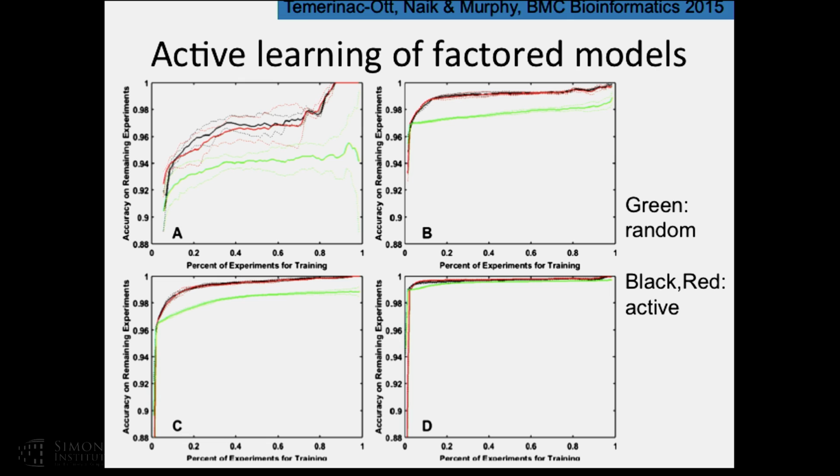And this is doing random learning, random choice, and this is doing active learning. And the point is that all of these data sets, which had previously been analyzed only in a framework of give me 80% of the data and I'll try to predict the remaining 20%, we were able to show were very good candidates for active learning, right? So you could do well in terms of building models quickly on this data.